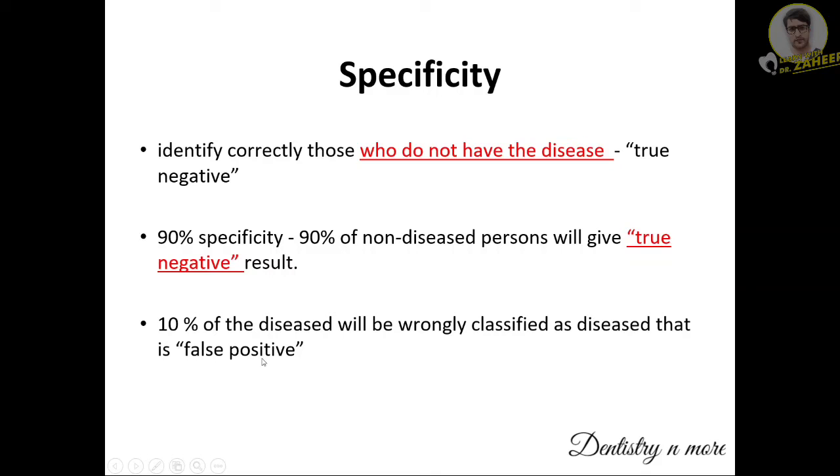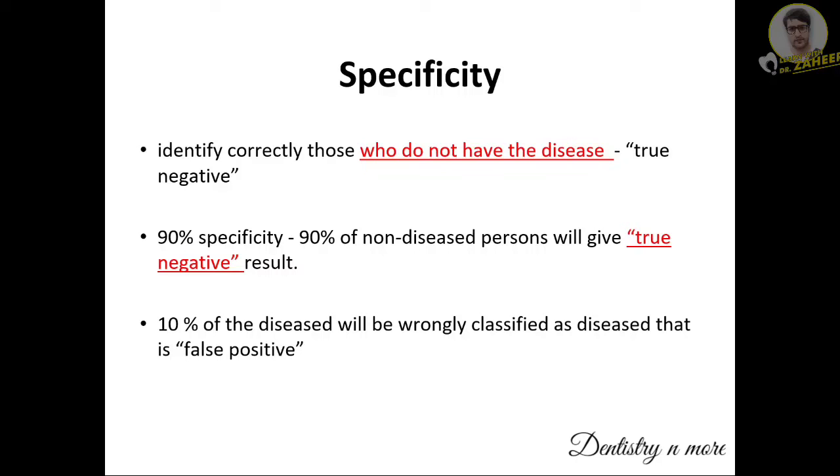That is, if we take 100 people and nobody has disease, this test is saying that 90% are true negative, that means 90% do not have disease, but it is saying that 10% have disease, though actually they do not have any disease. So this is an error of this test. It is able to give only 90% specificity. That is, for 10% of the population, this test is giving wrong information. So that is sensitivity and specificity.